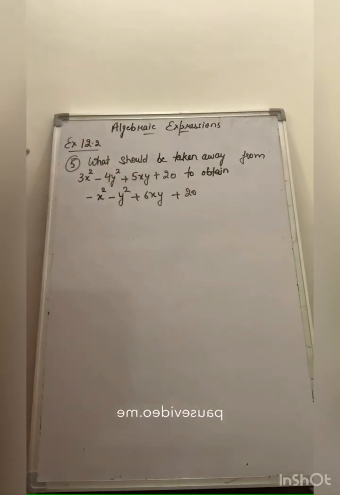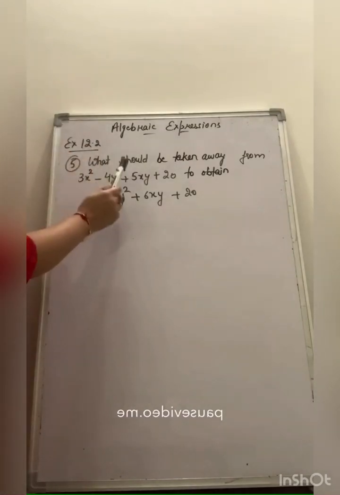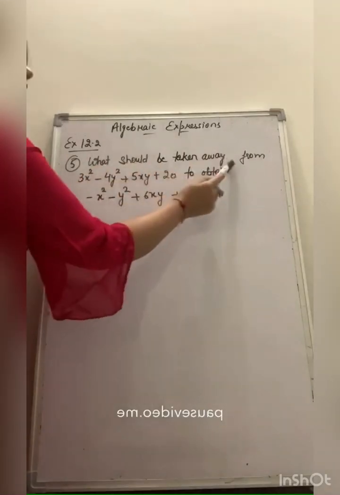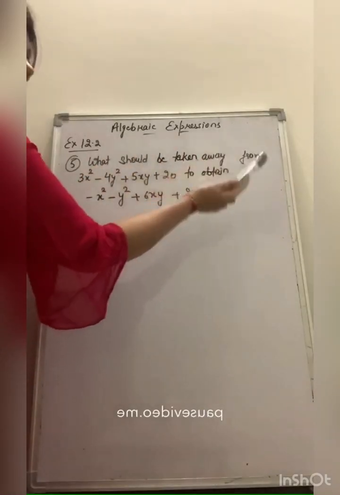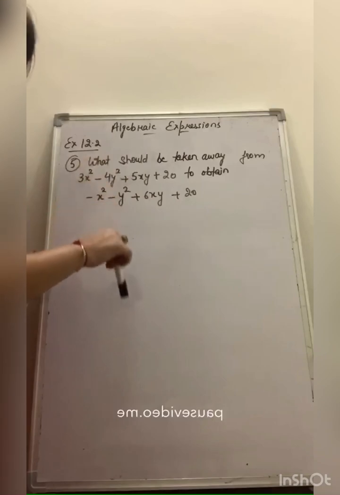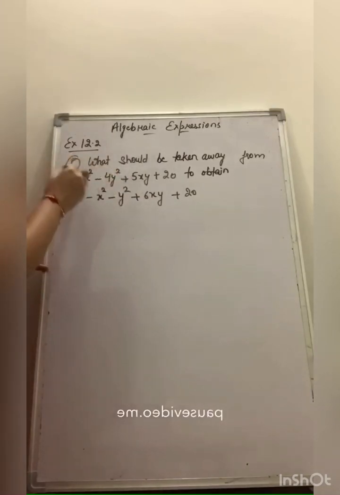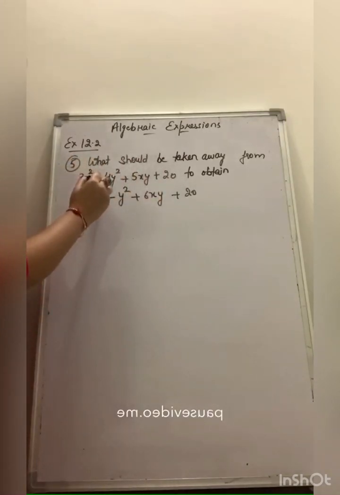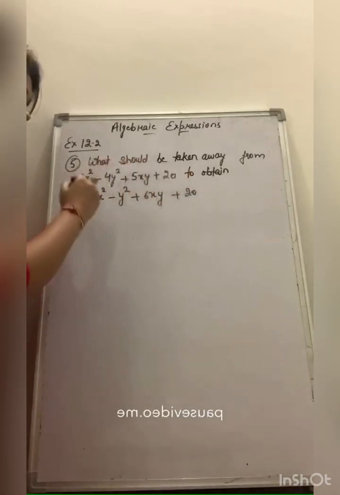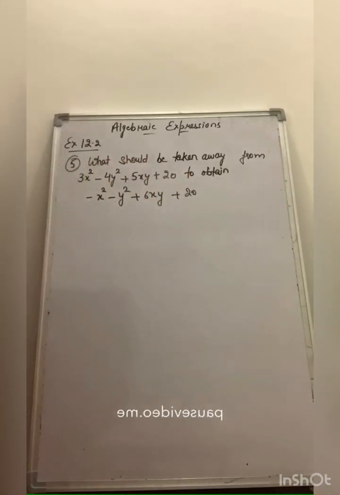You can see by making the equation also in the rough or in the fair as I made just now, or you just keep it in your mind that when such a question comes that what should be taken away or what should be subtracted, then in order to solve the question you have to write the first expression first, then minus the second algebraic expression.